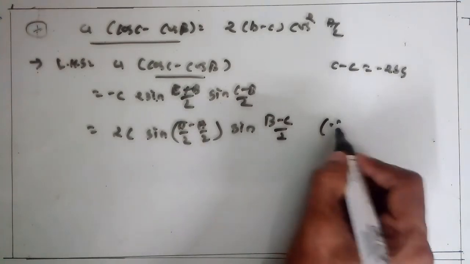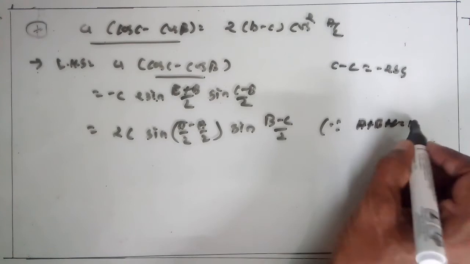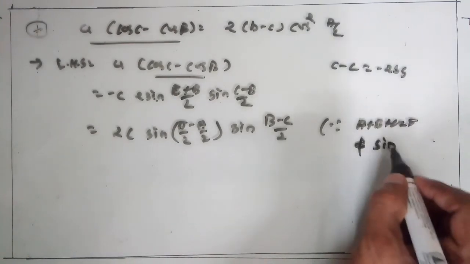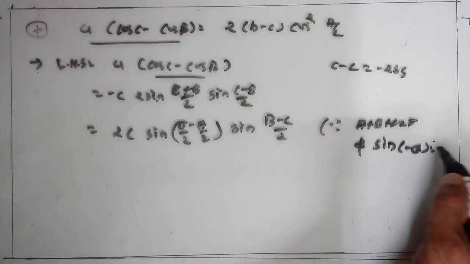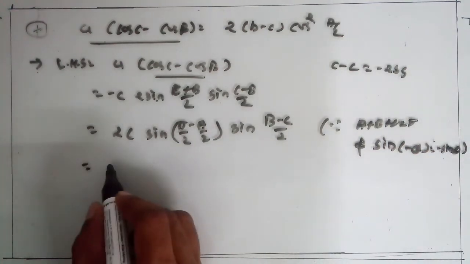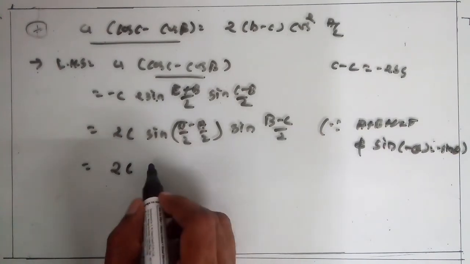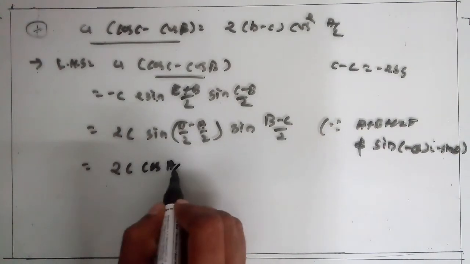Clear? Here A plus B plus C is equal to pi. We use these terms and we use this: sin of minus theta is equal to minus sin theta. Clear this? So it is equal to 2 sin of (pi by 2 minus A by 2), sin changes into cos, cos A by 2, clear?